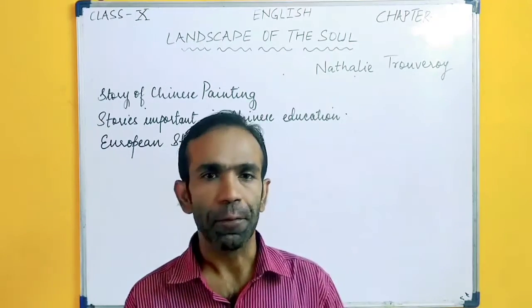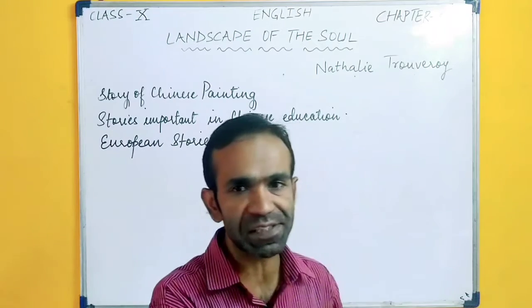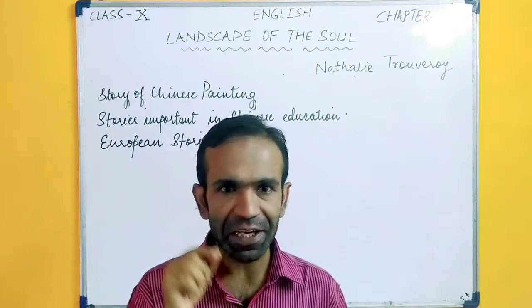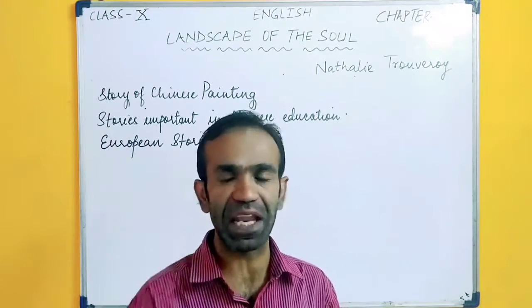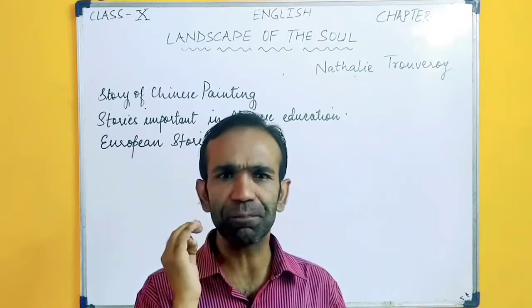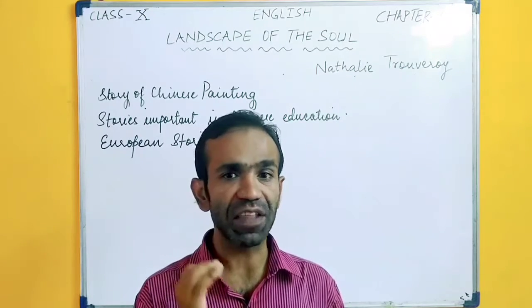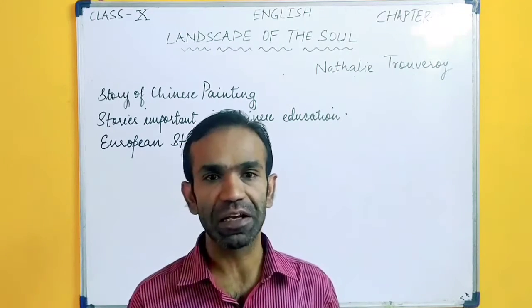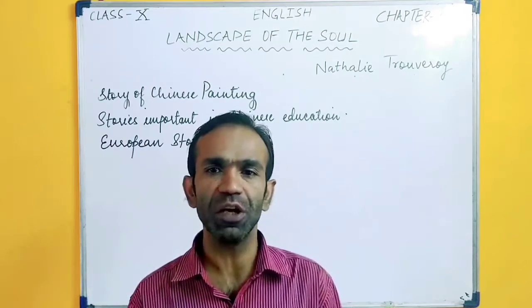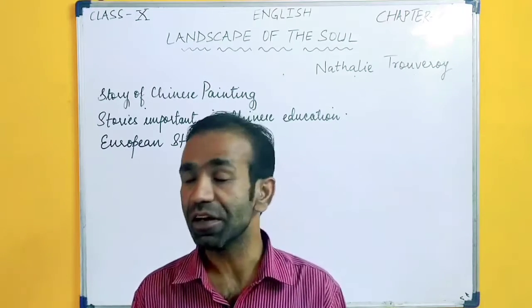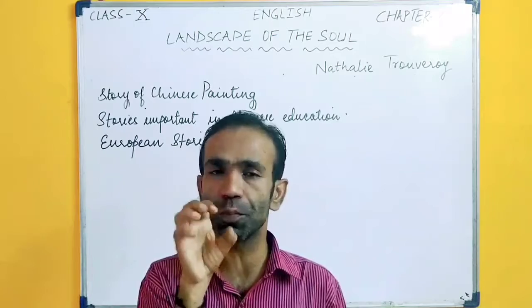So one day Metsys stole into that artist's studio and painted a fly on his latest panel. It was such a perfect imitation that the artist took it for real. He agreed to give away his daughter to Metsys, who later became a great artist. So this is the European story.